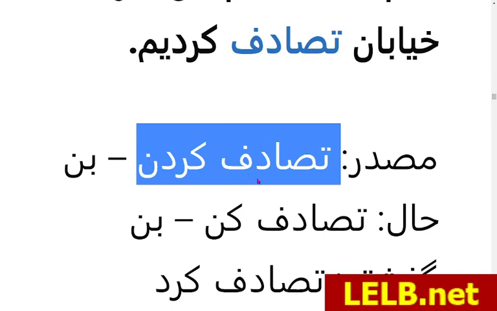So we had an accident a couple of hours ago on the street. Okay? So the infinitive is تصادف کردن, means to have an accident, car crash here in this sentence.